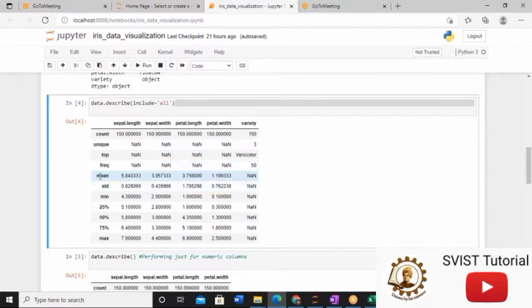And then it is also showing the mean. Mean of what? Mean value of each individual column. Standard deviation of each individual column, and the IQR, interquartile range, which I have already explained in detail in video lecture 3, in my first lecture.